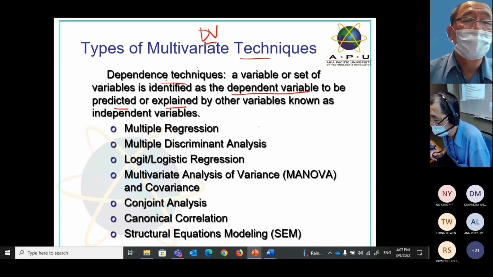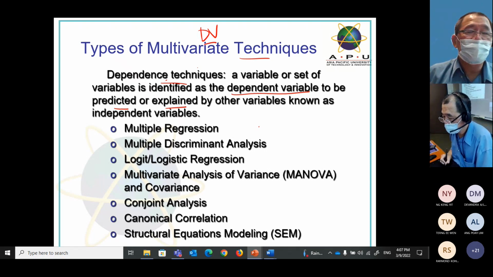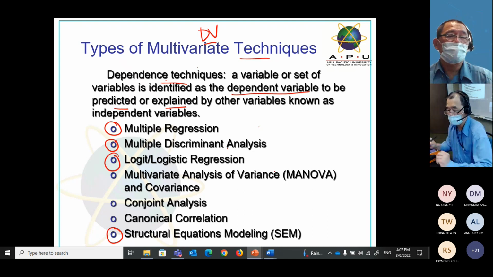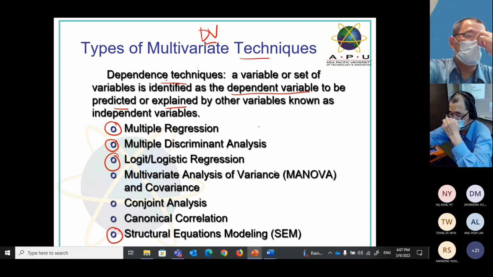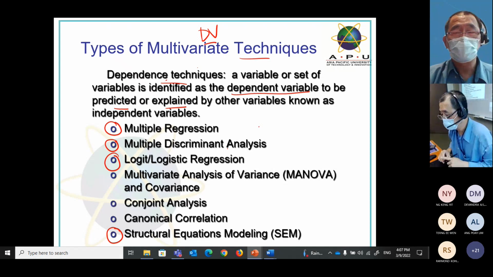In this module, you focus more on multiple regression, discriminant, logistic, and then SEM. The rest are not much. So you see these four under the dependent techniques.